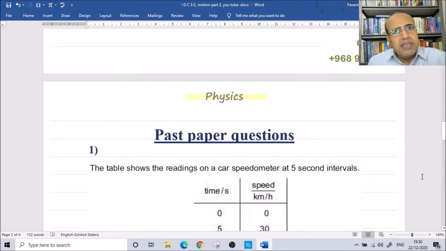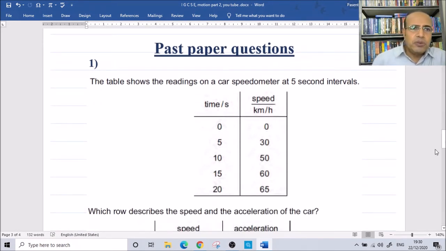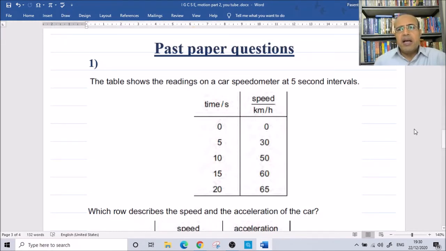Now let us see past paper questions about this. Look at this question. The table shows the reading on a car at 5-second intervals. So this is the time 0, 5, 10, 15, 20. So the time increases. And this is the speed in kilometer per hour, 0, 30, 50, 60, 65.